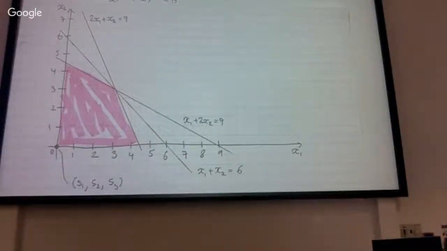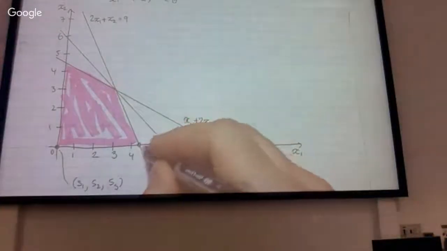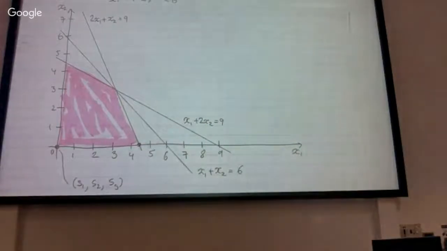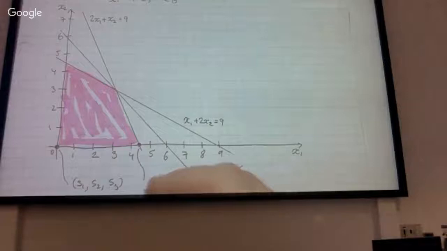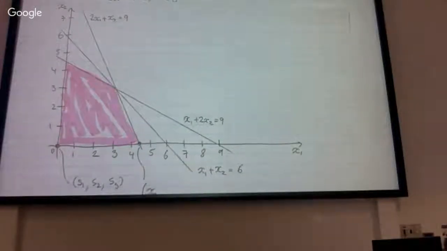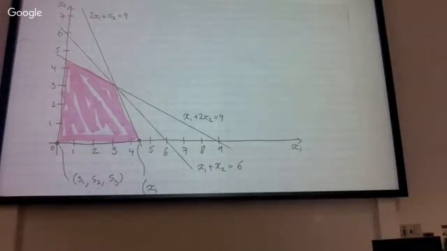Here, x1 is now non-zero in this point, so it has to be in the basis.